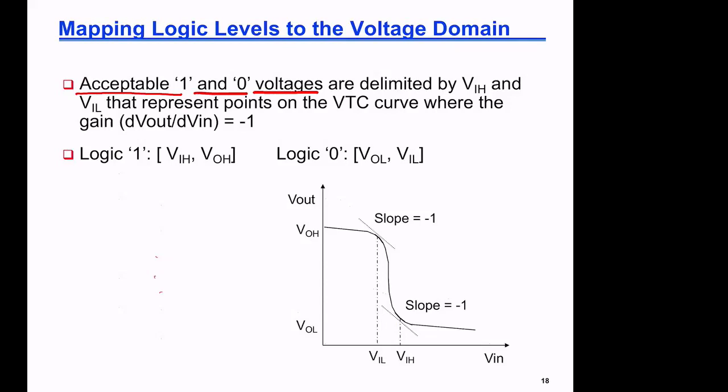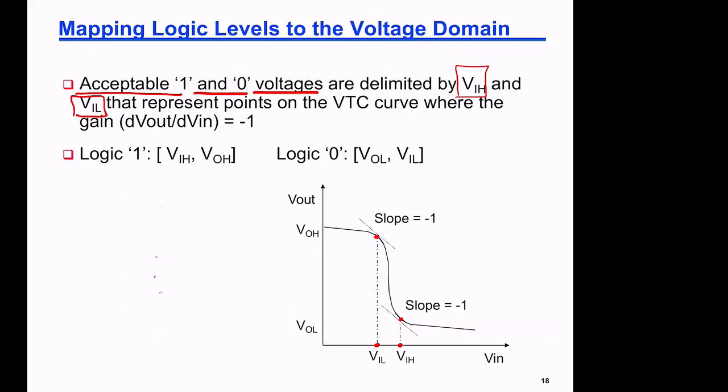And to define those ranges, we define two quantities, V input high and V input low. And the V input high and the V input low occur at the points where the slope of the voltage transfer characteristic curve equals -1.